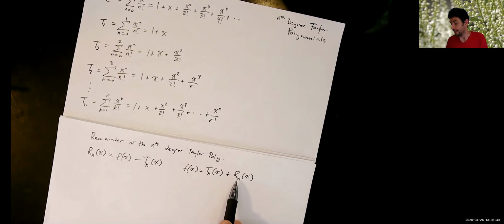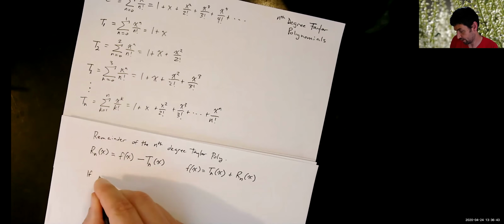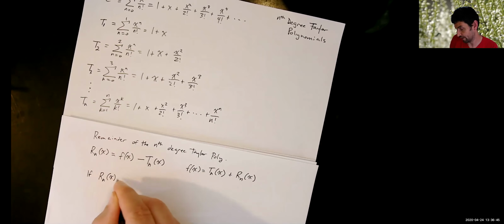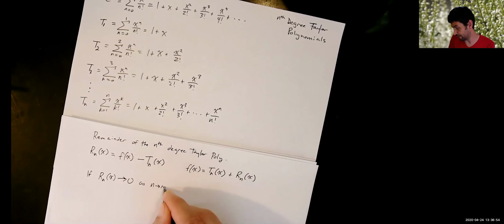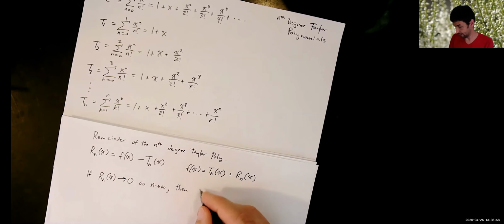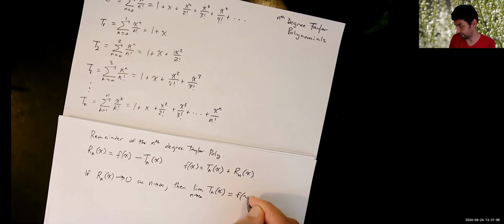The idea is, if the remainder goes to 0 as n goes to infinity, then the limit as n goes to infinity of these Taylor polynomials is actually our function.